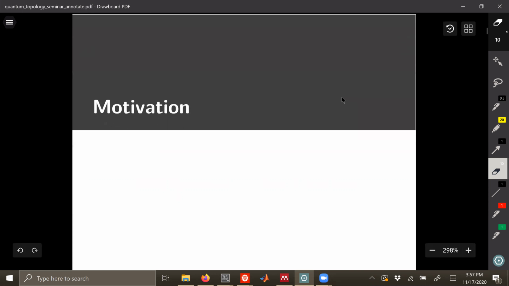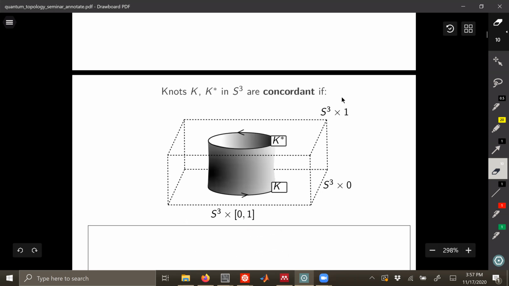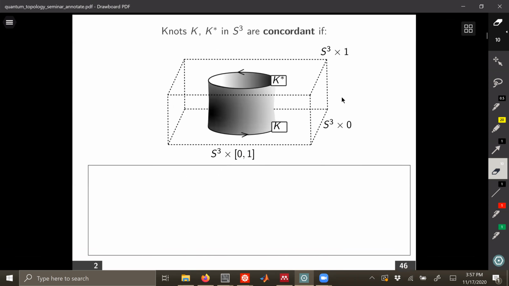Okay, so let's talk a little bit about the motivation behind the virtual knot concordance group. What does it mean for two classical knots to be concordant?